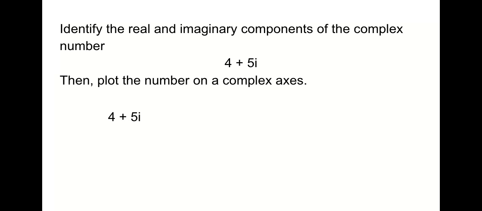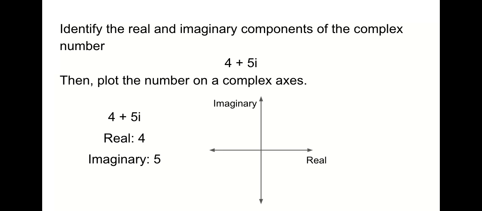So 4 plus 5i: I have 4 real parts and 5 imaginary parts. Again, make a note: I didn't put 5i, because I have 5 actual imaginary parts. The i lets me know that that's the imaginary part. The i is not part of the number there. It just lets me know that I have 5 imaginaries. If I want to graph it, I'll do my coordinate system. Instead of an x and a y, I'll put real on the horizontal and imaginary on the vertical.